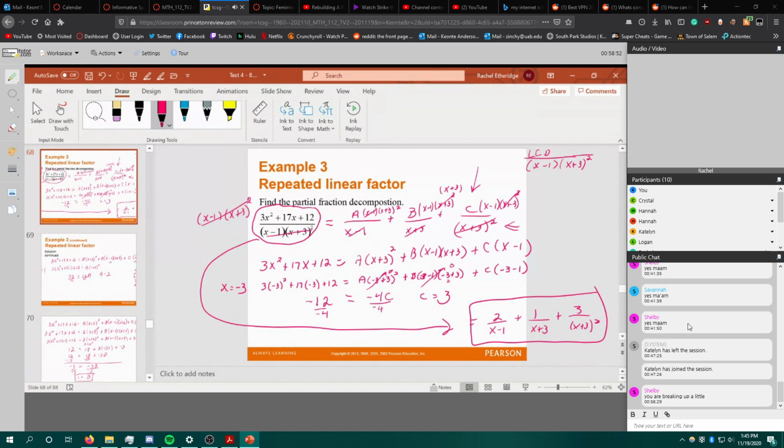The only difference about this one is you end up with that square term, you end up with the C term, and you have to solve for 2 of them the traditional way. And then for the third one, you plug in the ones that you already know, the A or the B or the C, and then pick a different X value and solve for the other one.